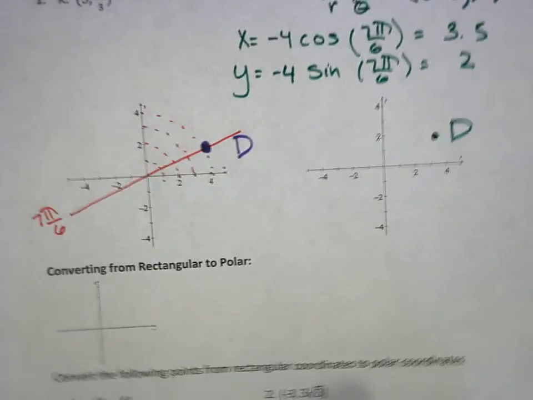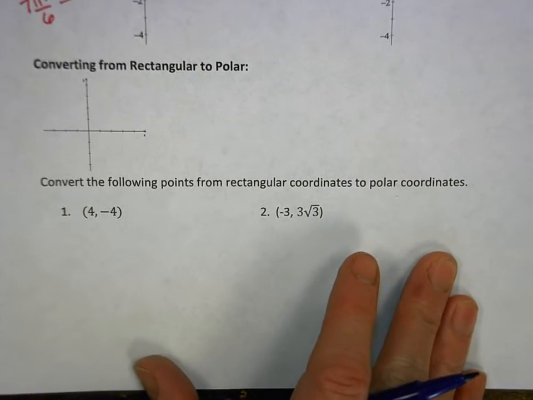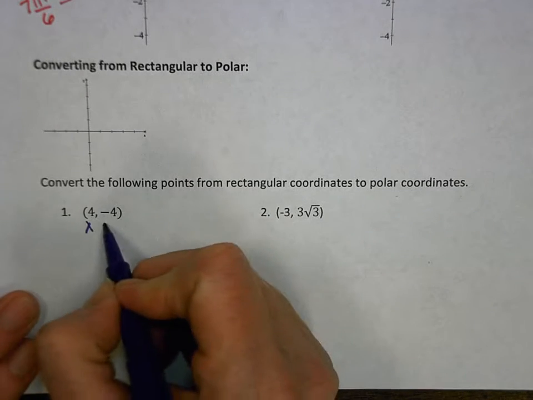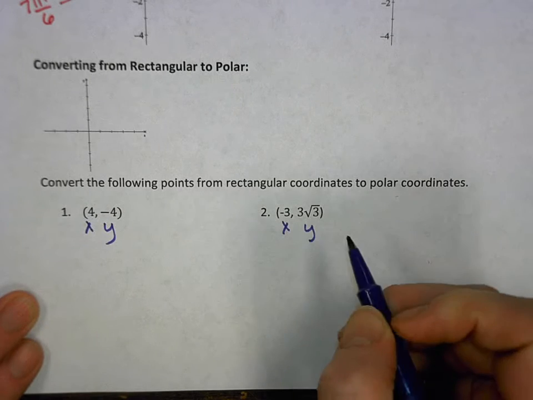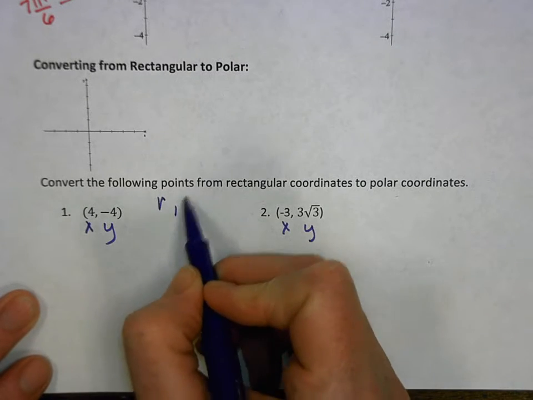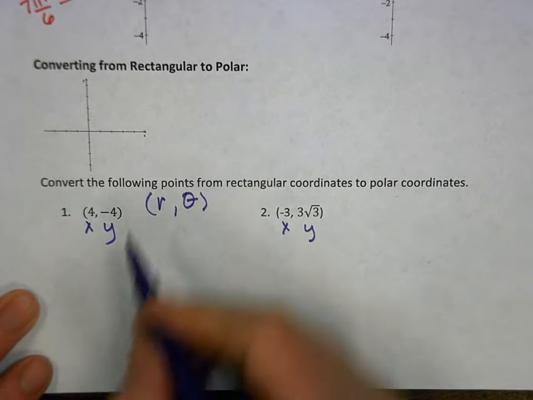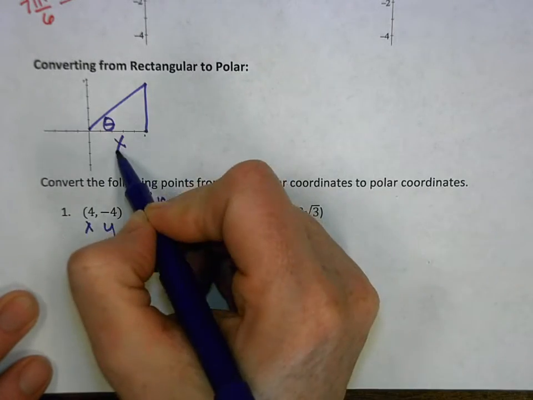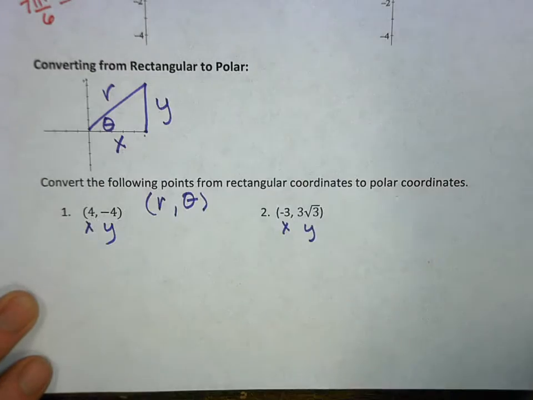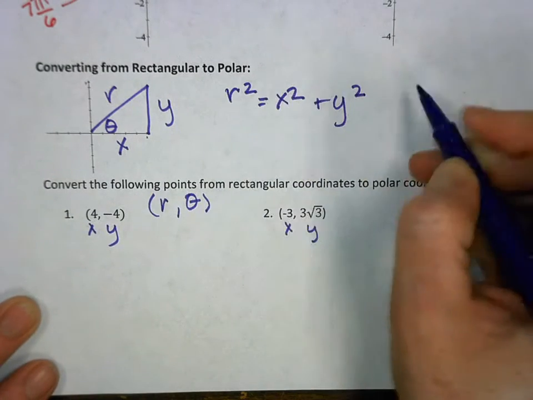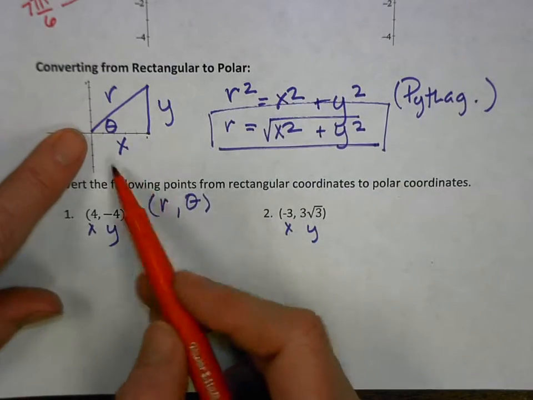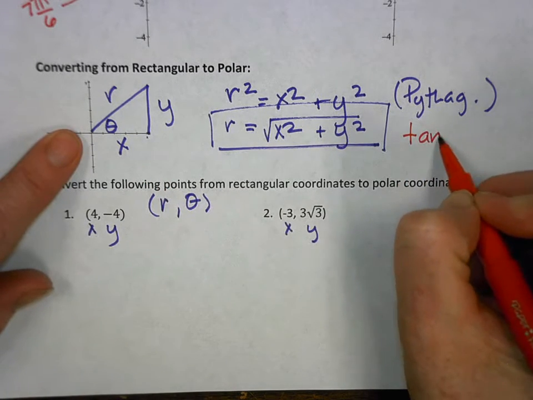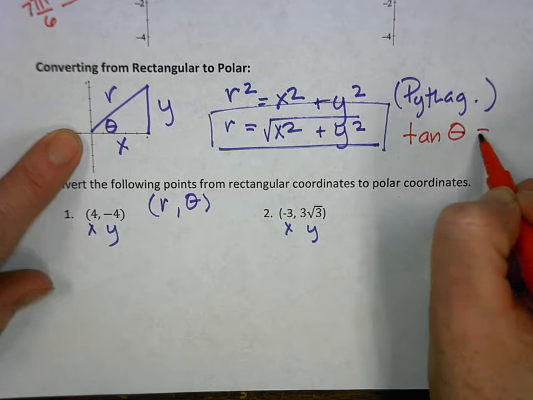All right, moving on. So we want to convert the other way. We want to take it from rectangular, where I have x, y, but I want a polar coordinate, r, theta. So we're going to start in the very same place. There's a triangle. This is the cosine, this is the sine, r. Now, instead of the same formula, we want an r, Pythagorean, this angle, and x, y, and theta.